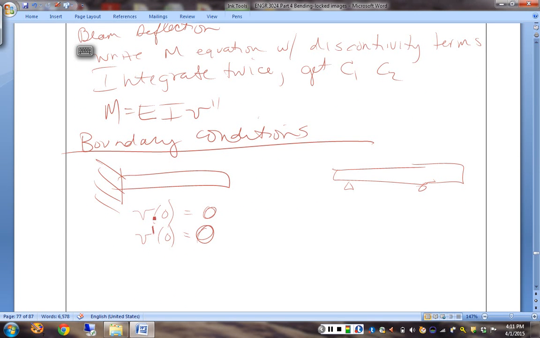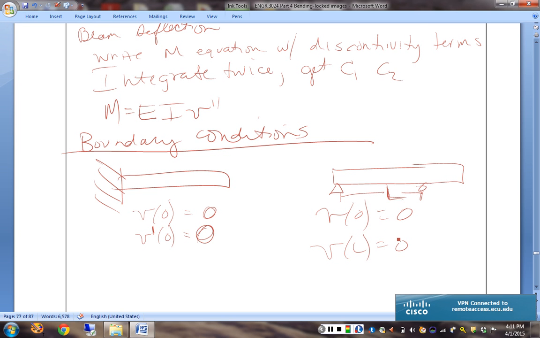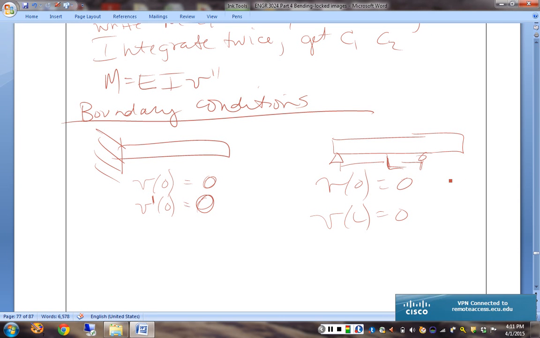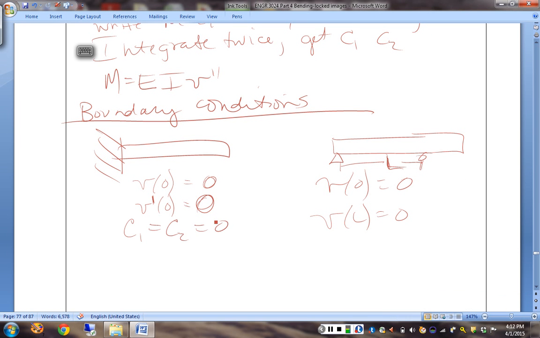So we know that the deflection is 0 and the slope is 0 if we have a cantilever. What do we know about this? I meant to actually draw this as the left end, sorry. We know that it can't move at the left end and it can't move at the other support. And what does this tell us? This tells us that both C1 and C2 are equal to 0.